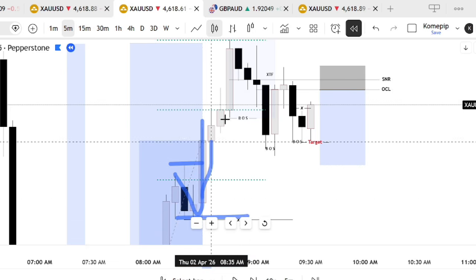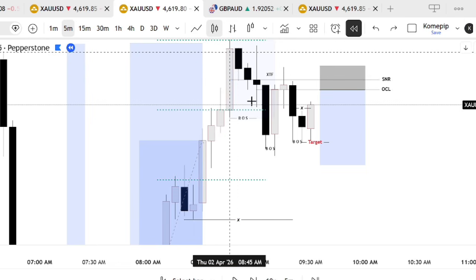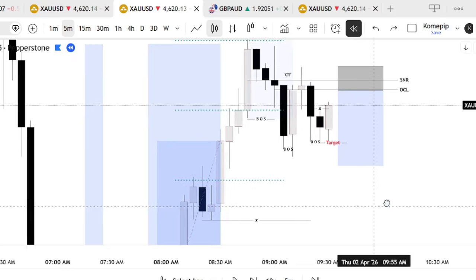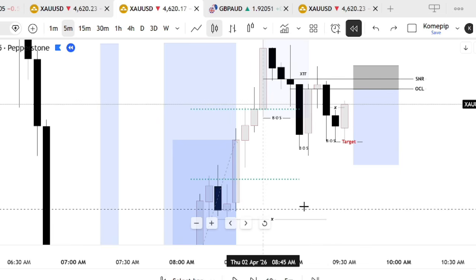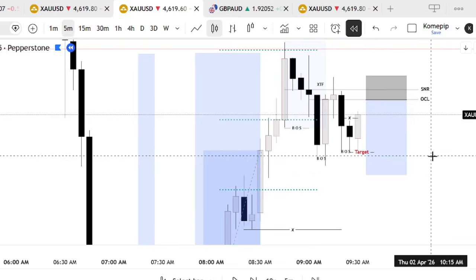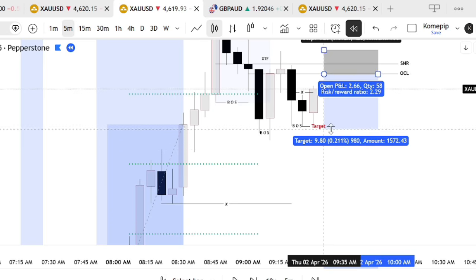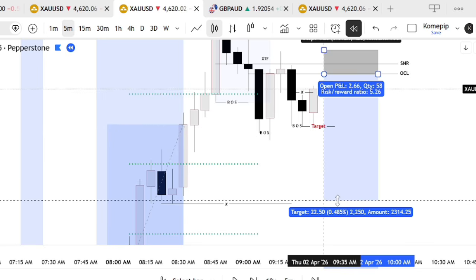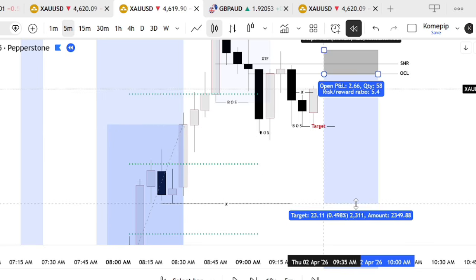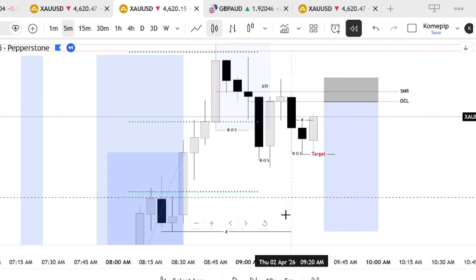And this was the move that actually took price to that high. So I was expecting price to come here during the live trading. So this is a target, this is a target, and the next target is this, and this was the one I picked, and that was 1 to 5 risk to reward ratio. So let's play price.